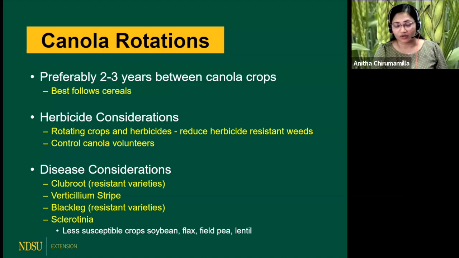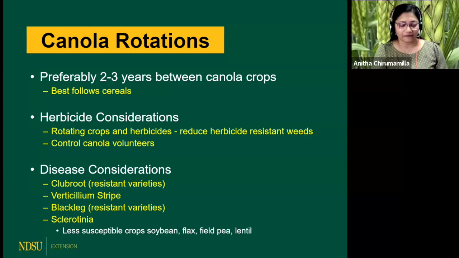That plays a very important role. For diseases like clubroot and blackleg, it is also important that we rotate the resistant varieties, and along with the crop rotation, that will help lengthen the shelf life of these resistant genes or varieties.